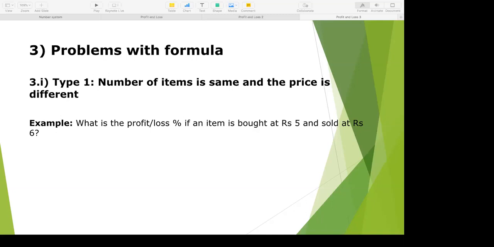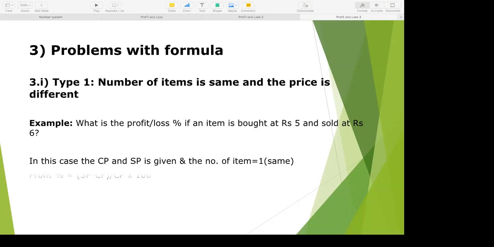So the number of items are same while the price are different. And what price are we talking about here? We are talking about the cost price and the selling price. Okay. So in this case, the CP and SP is given and the number of items is 1, which is same. So for profit percentage, you can simply use (SP minus CP) upon CP into 100.